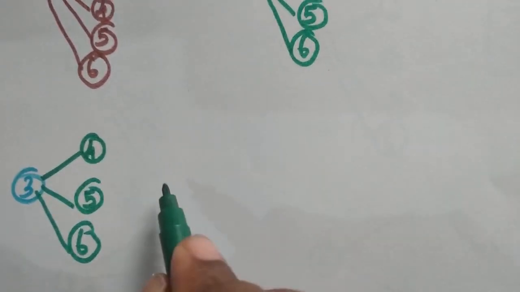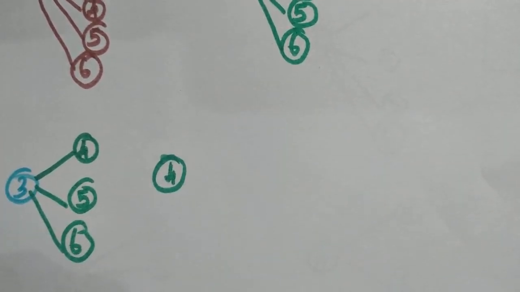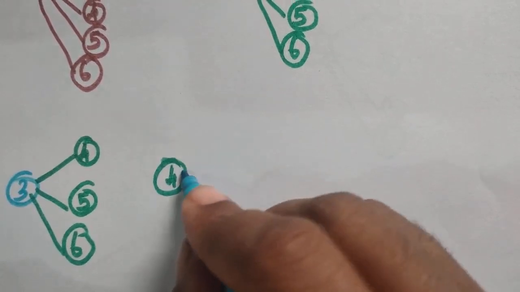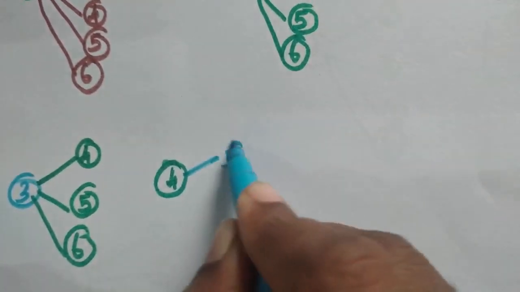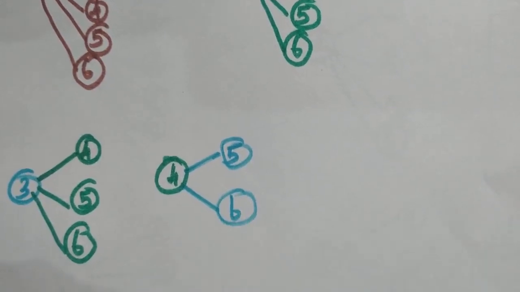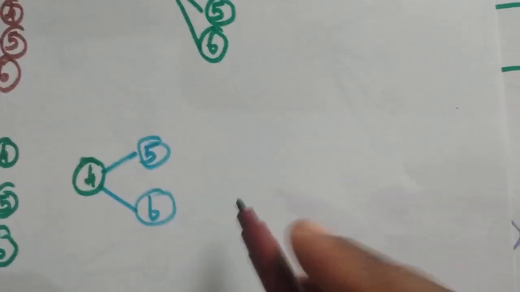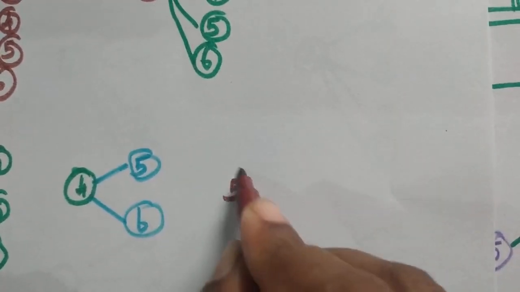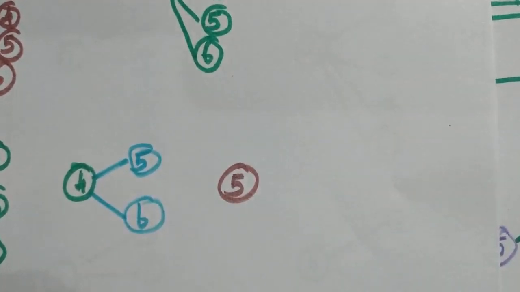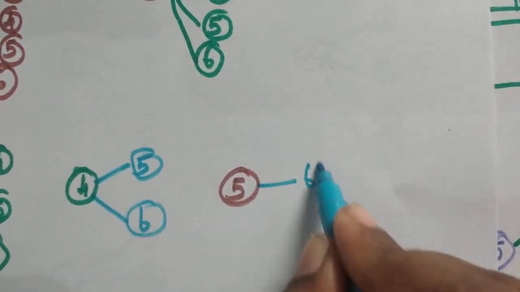So if it is numbered 4, then the possibilities are 5 and 6. If it is numbered 5, then there is only one possibility, that is 5, 6.